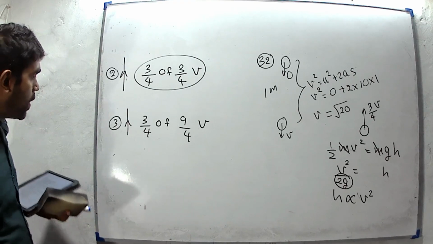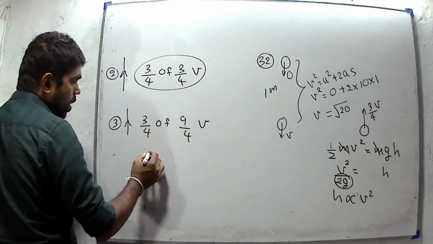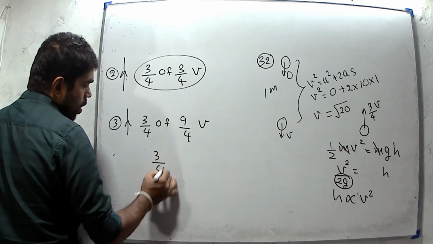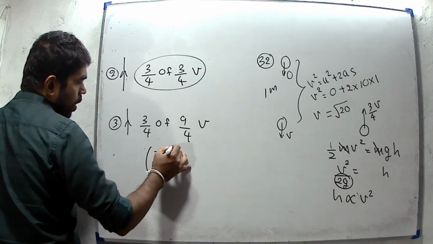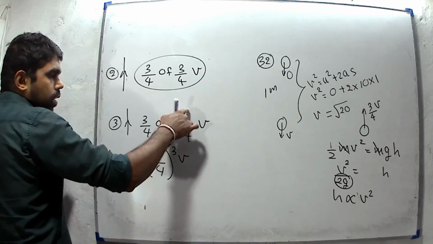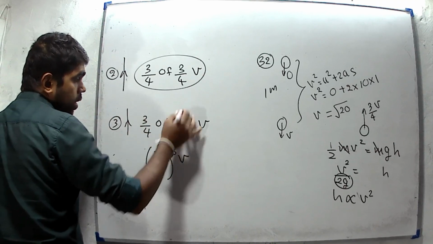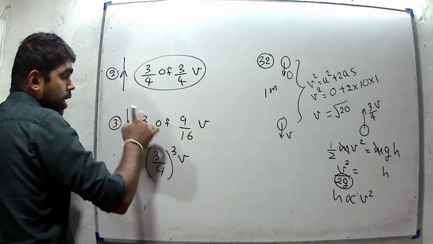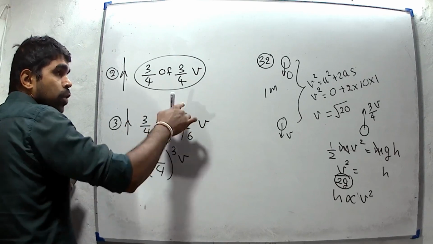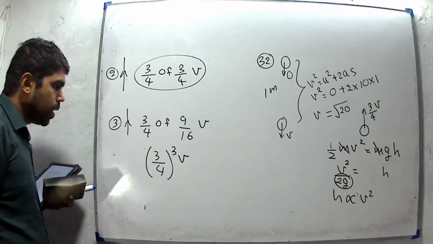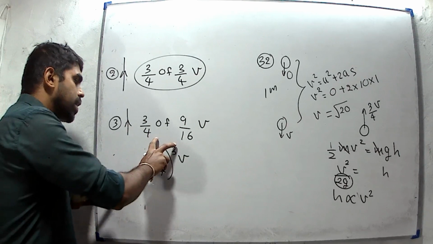Now we get this one is 3 over 4 cubed v: 3 over 4 into 3 over 4 into 3 over 4. Then the final velocity is this one.